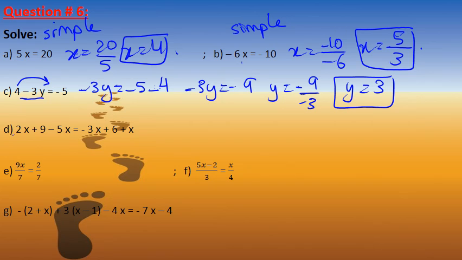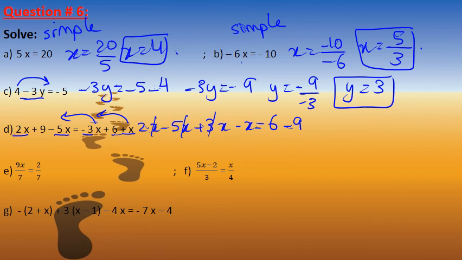Also, we should put all the variables on the first side of the equation. So 2x minus 5x plus 3x minus x is equal to, and all the fixed numbers to the second side. 2x minus 5x is minus 3x, these cancel each other.